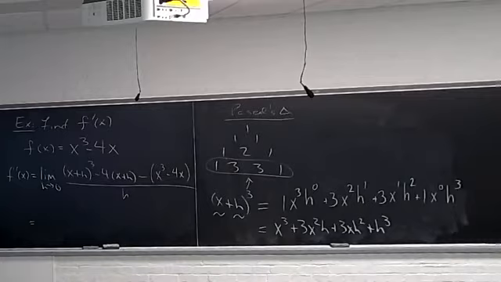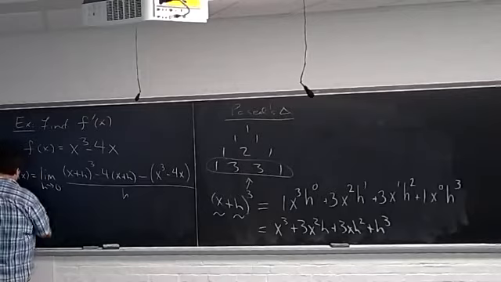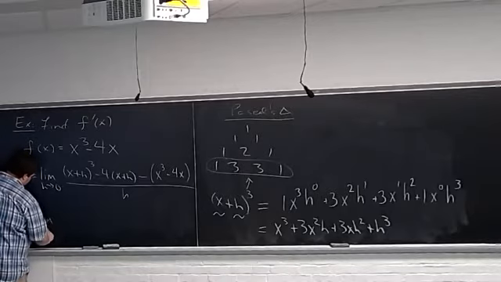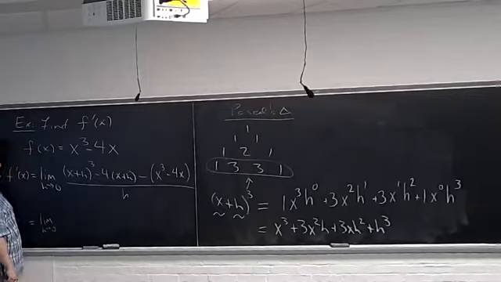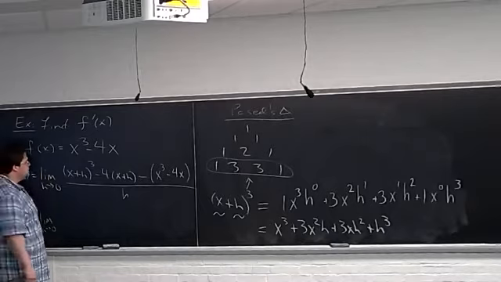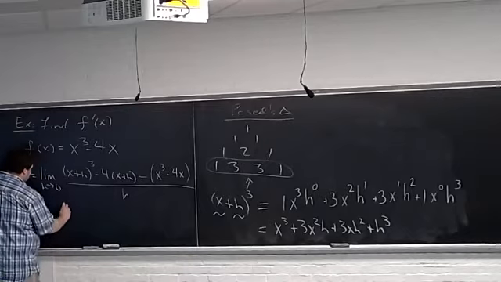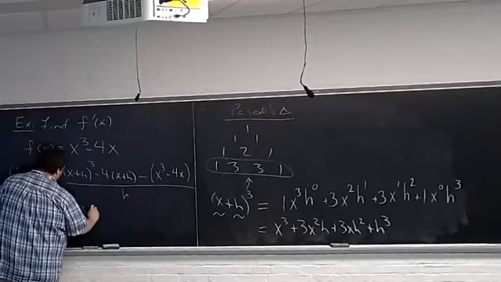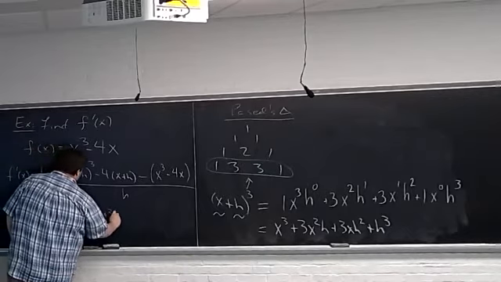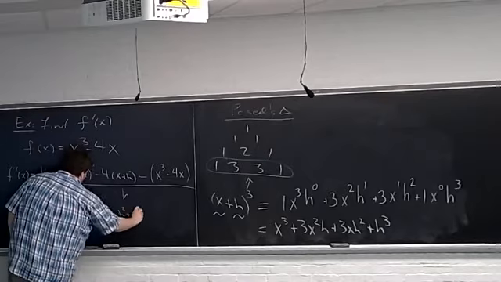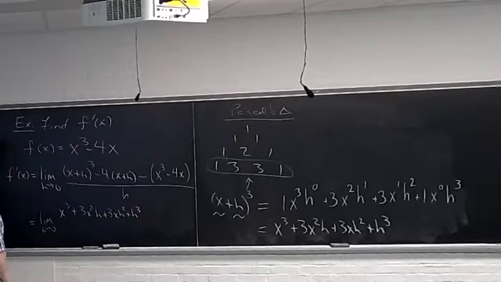Any questions about where that came from? Okay, now why did we do all of that? Well, we did all of that so that we could solve this limit. x plus h cubed is now given by that quantity on the bottom. x cubed plus 3x squared h plus 3xh squared plus h cubed.